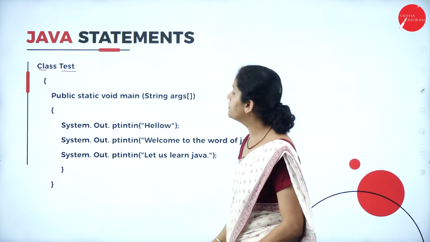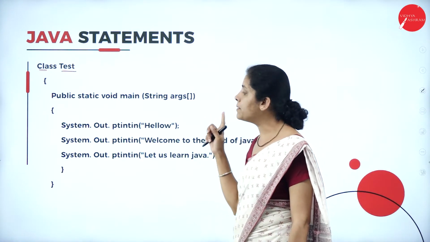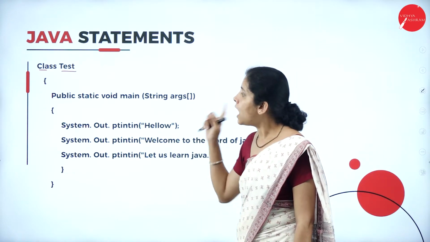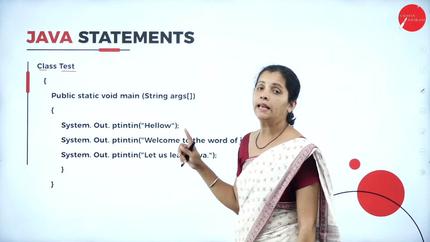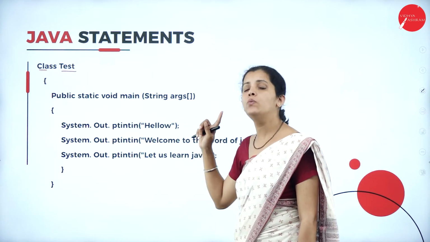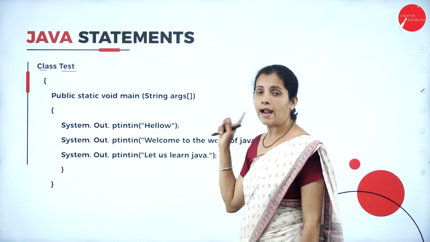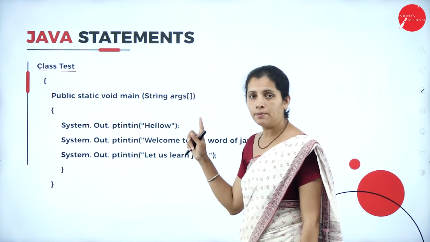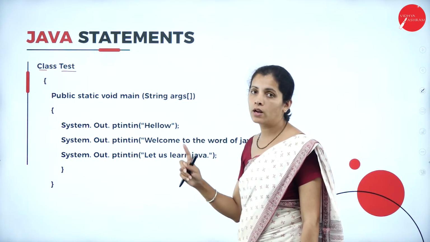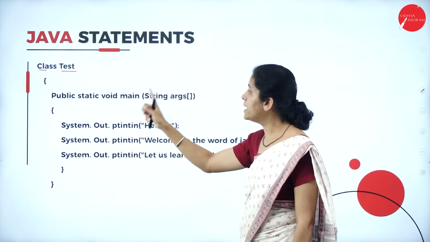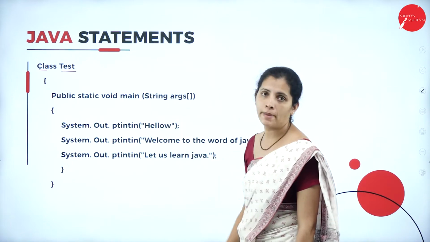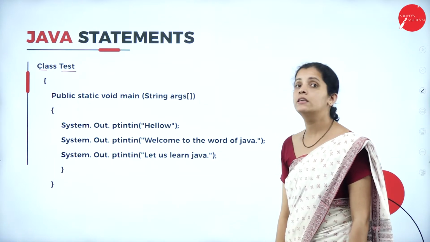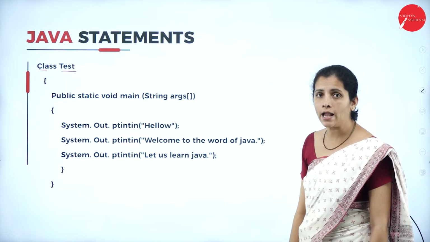So, dear student, if I consider a Java program, how many main programs can I have? That is only one main program, and the execution of the program is going to start from the main function or main method. So dear student, here Java is a case sensitive programming language.